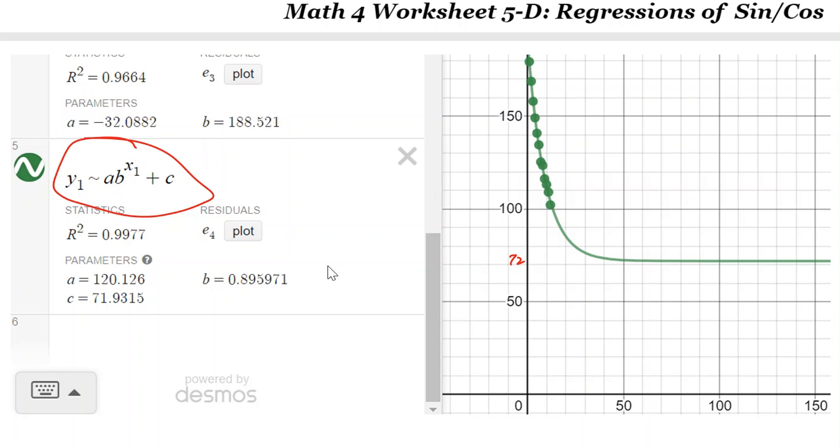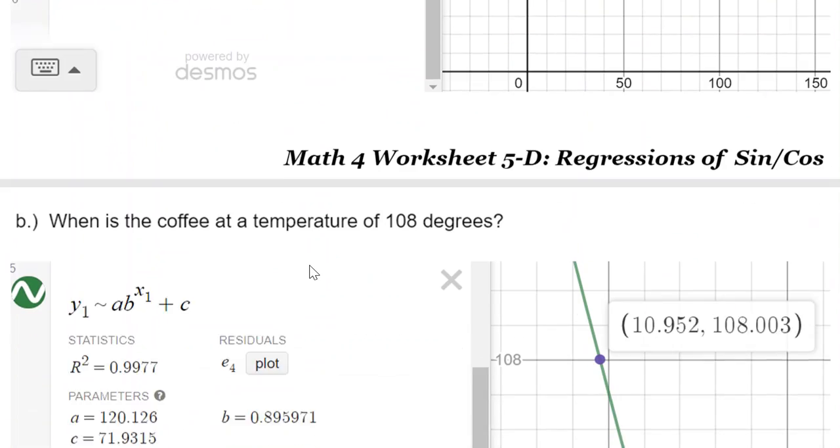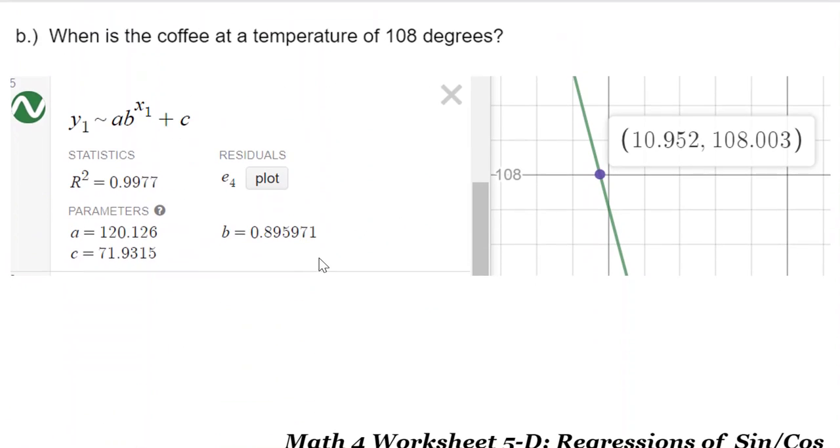So if we've got our model straight, now we start to address some of the other questions. When is the coffee at a temperature of 108 degrees? And so I had to go on, trace along the line until I found 108. Without zooming in closer, that's about as close as I was going to get. This is in terms of minutes and degrees Fahrenheit.